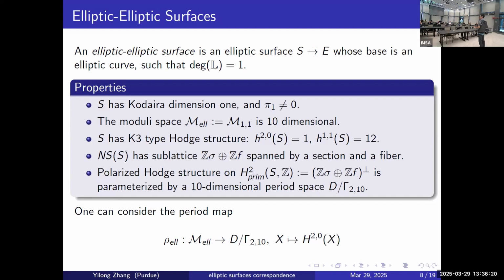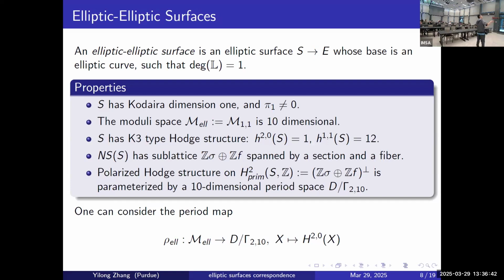The book is called Smooth Four-Manifolds and Complex Surfaces. The moduli space, if you count the parameters correctly, you find it's 10-dimensional.